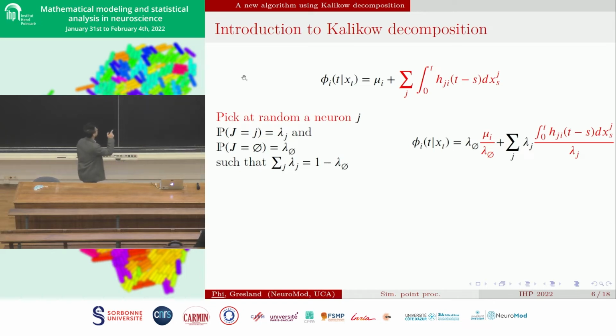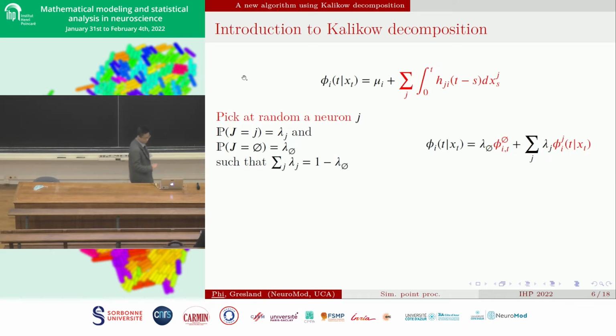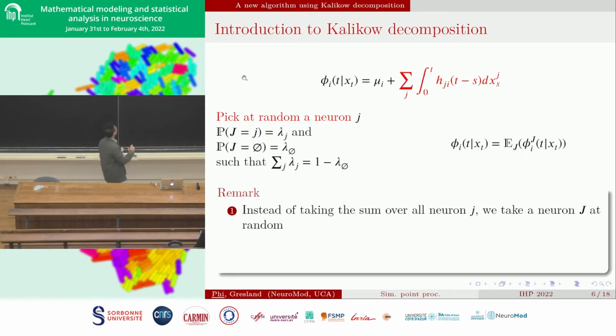The first red term is just a constant, and the second red term depends only on the activity of neuron Z. We denote the first term phi of mt and the second term phi of Z. Somehow you arrive at rewriting the intensity as the expectation of something. The first remark is that instead of taking all the information over all the neurons, you now just need to pick a neuron at random.